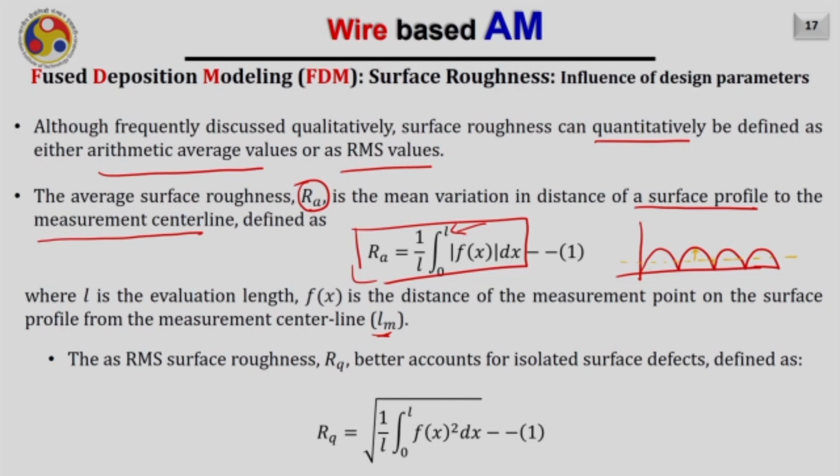So this average deviation, I will calculate, for example, this area 1 and this area maybe 2, and I am considering, for example, maybe this sample length. So, for example, this is also a tiny area coming, A3. In summary, this RA value can be obtained by A1 plus A2 plus A3 divided by the sample length, that is nothing but L. I am considering from here to here.